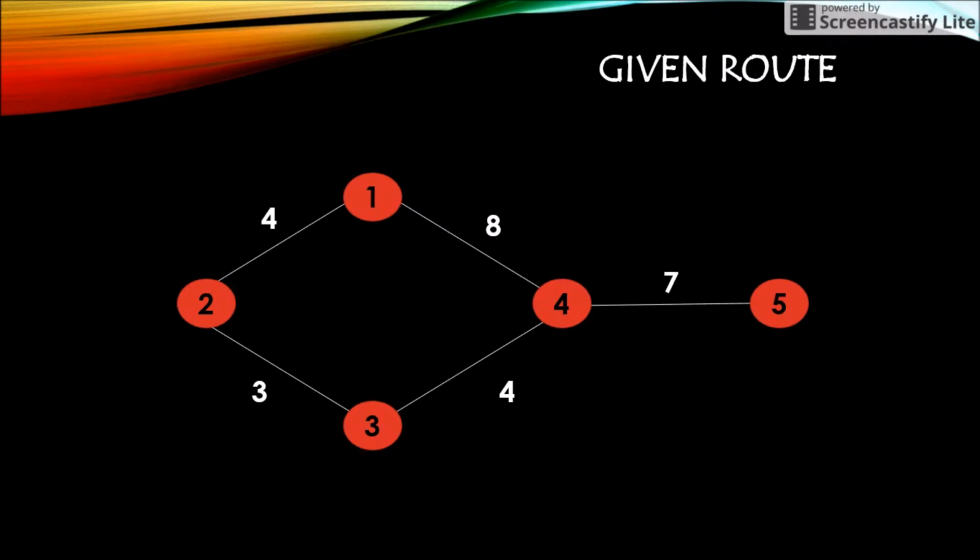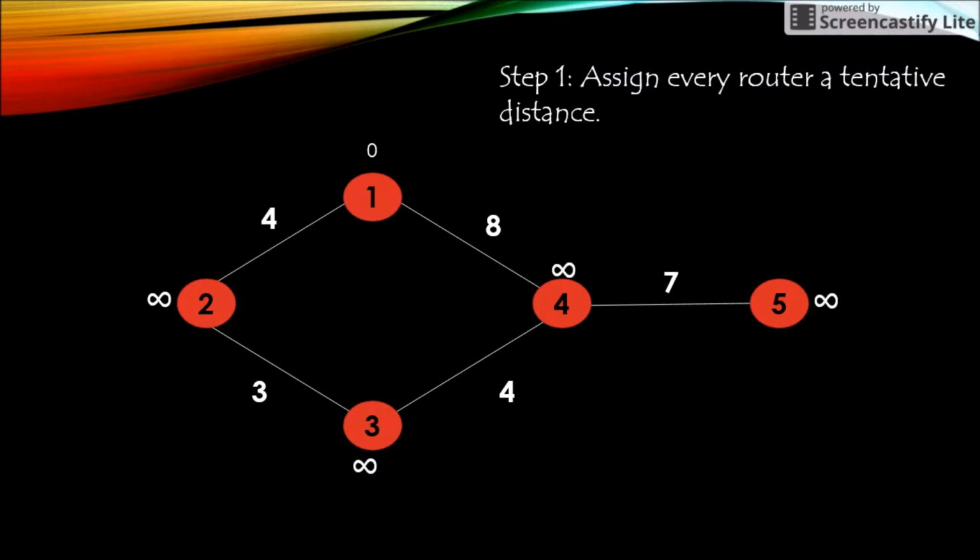There are a few major steps in this algorithm. To begin with, step 1. You need to assign every router a tentative distance. Here, the tentative distance refers to the distance required by the router, with the cost, to move from one router to the other. So let's consider the source.